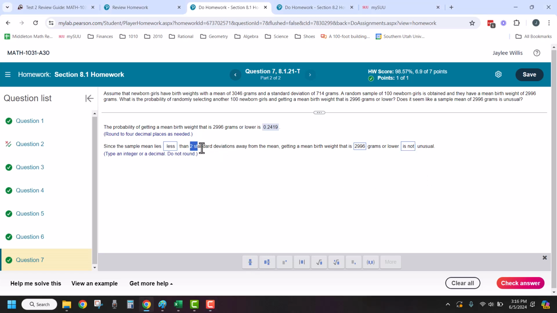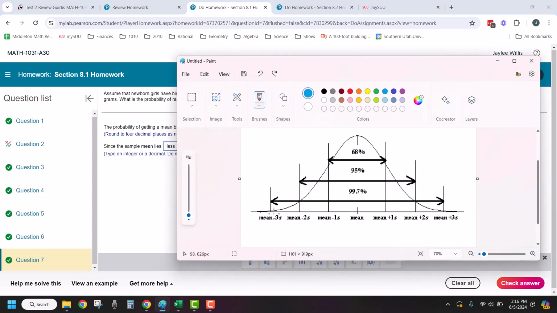And the reason why we use 2 standard deviations to determine whether or not a sample mean is usual or unusual is because, remember, even if the thing that you are taking samples of is not normally distributed, the distribution of the means will be normally distributed. And 95% of those means will be within 2 standard deviations of the actual mean.